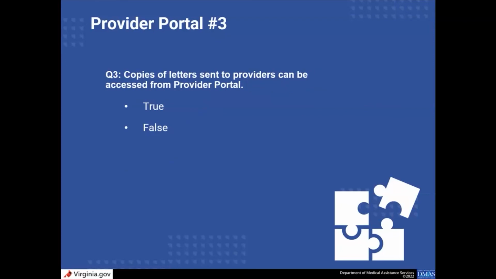Copies of letters sent to providers can be accessed from Provider Portal. Is this true or false? The correct answer is true. They are available in resources and are to and from PRSS enrollment and management clerks.